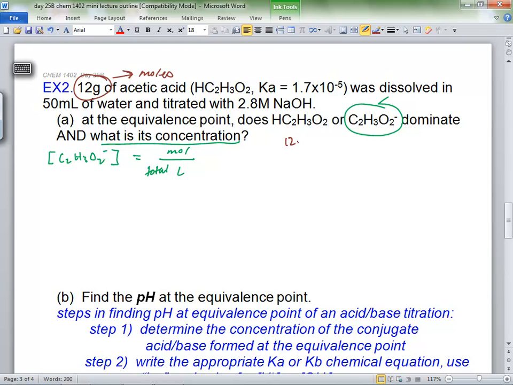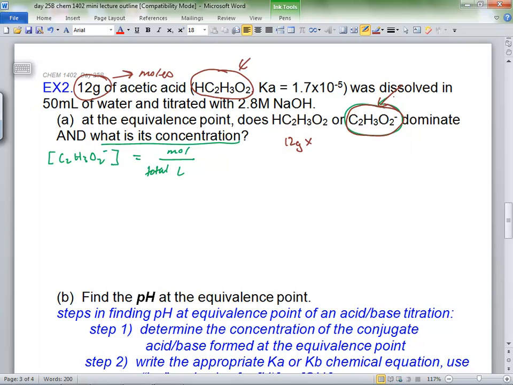We'll have 12 grams times, here's a question. Lauren, molar mass, Eric was right, add up all the atomic molar masses, right? Okay, but here's my question to you. Do we add up the molar mass of this, or do we add up the molar mass of this?